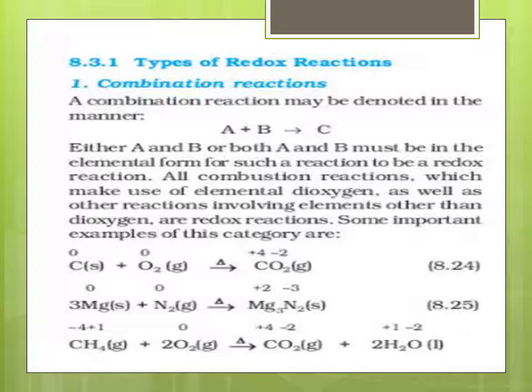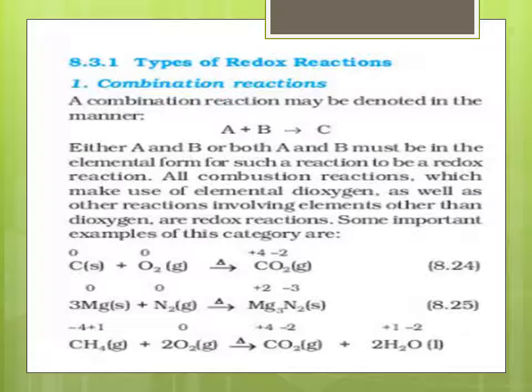When carbon combines with O2, it gives carbon dioxide. Here carbon is in the elemental state, so its oxidation number will be 0. Here we are taking the oxidation number, or oxidation state, as 0. And for O2, the oxidation number will also be 0.